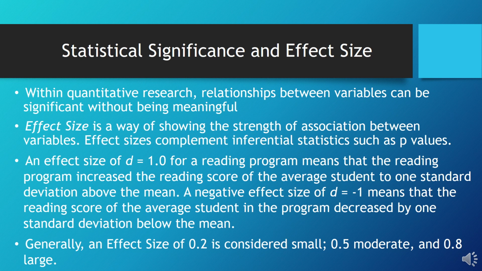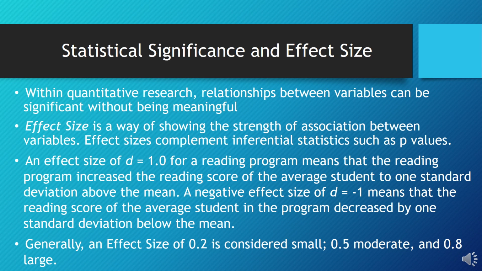An effect size of d equal to 1.0 for a reading program means that the reading program increased the reading score of the average student to 1 standard deviation above the mean.